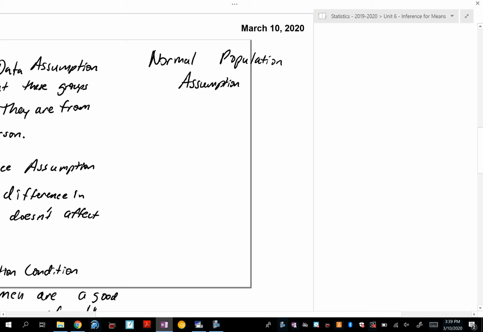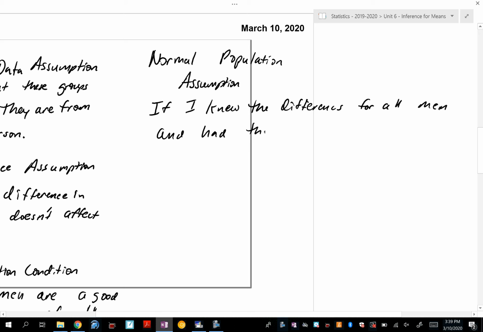Should I write that? Okay. If I knew the differences for all men and had that histogram, it would look normal. Unimodal and symmetric.